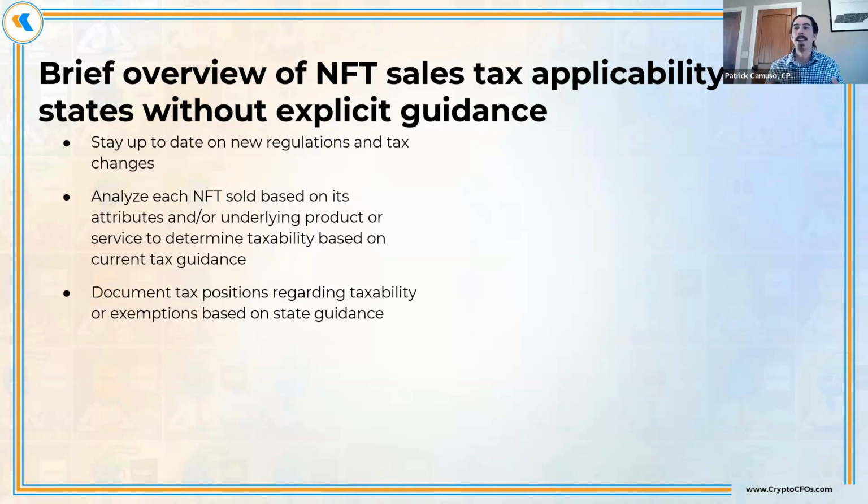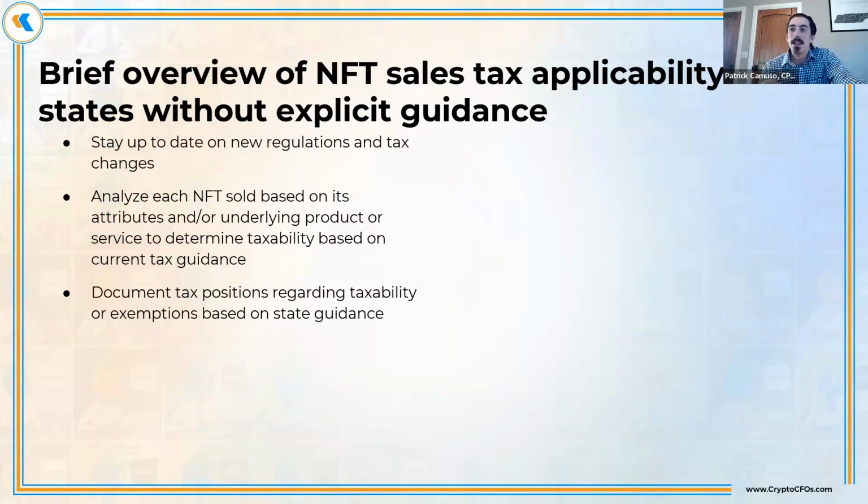And again, like I said, to the degree that you or a client are operating in a state where you think you do have a sales tax exposure and the current guidance isn't clear, that's when you want to be proactive and reach out to the applicable state taxing agency and request clarification from them in some form, possibly through a binding letter ruling or something similar.